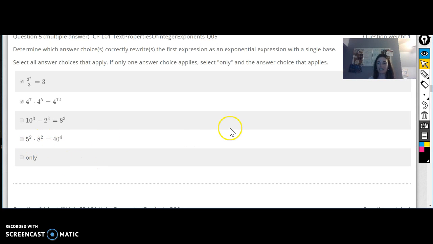Okay, now I've got 5 squared times 8 squared equals 40 to the 4th. Again, they tried to add the exponents, but the base wasn't the same. So that's just not going to work. So I know that 5 squared is 25, and I know that 8 squared is 64.